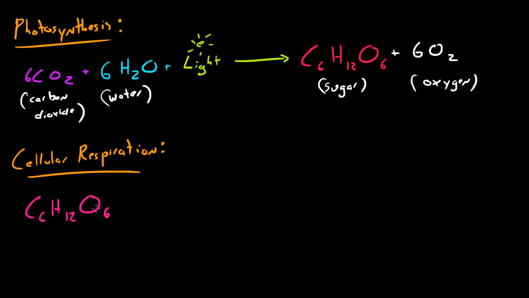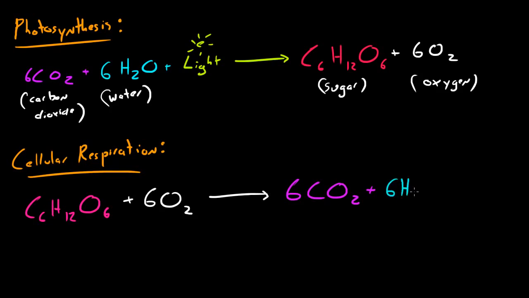Remember I said in the last tutorial that it takes sugar and combines it with oxygen, 6O2, and whenever it does this, it ends up with carbon dioxide as a byproduct, 6CO2, and aside from this we get water, 6H2O, and we also get energy, because that is the goal.